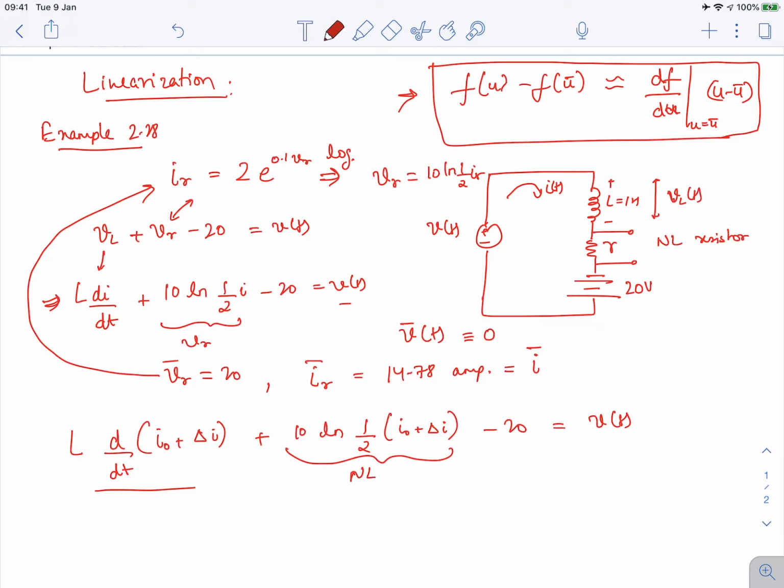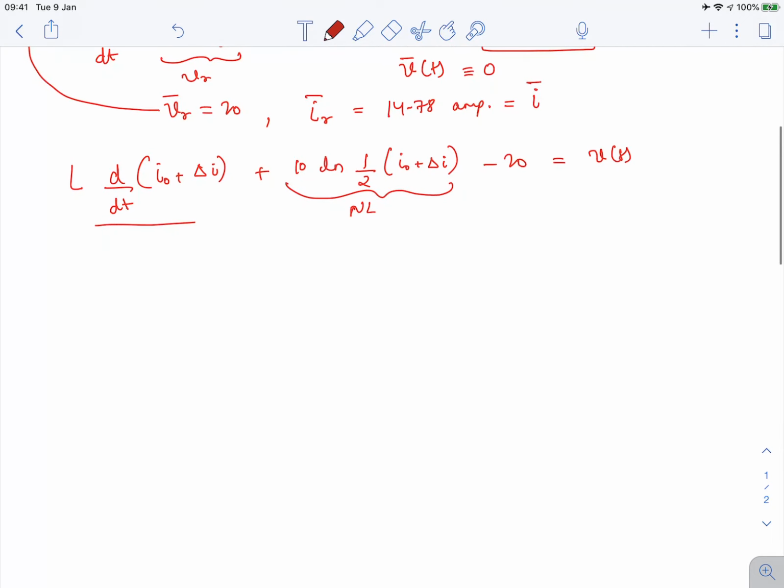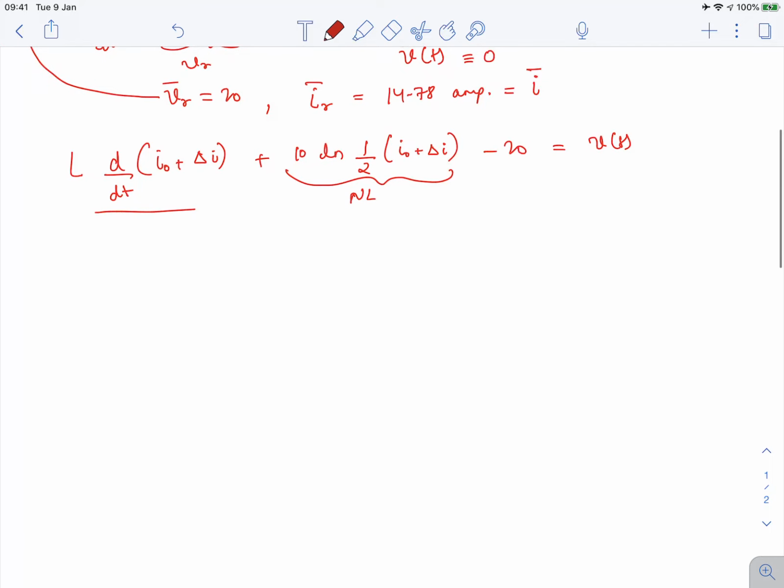So first of all we will focus on this nonlinear term by using this formula, and then we will see how we can obtain the transfer function. Using that equation, I can write ln of half of I, minus ln of half of I bar.